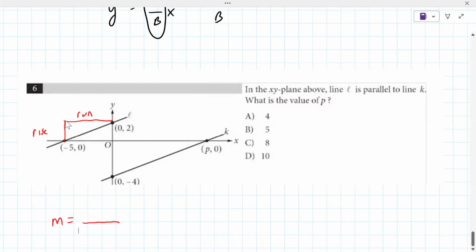So, oh, you're going two, I mean, fifths. Yes, okay. Now, do the same thing for this one. You should be able to figure out one of the values. Over p minus 0. Right. So which of those p values gives you the same slope? 10. There you go. Oh, okay.